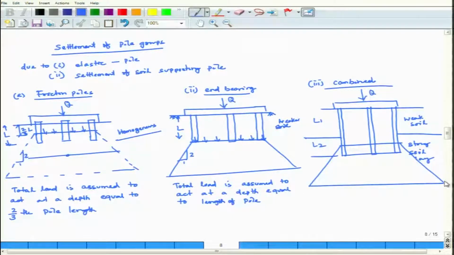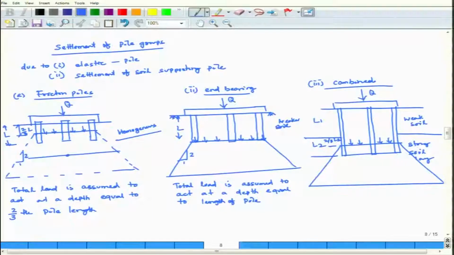In L2, this will be your 2/3 L2. Total load will be acted if it is a weak soil followed by strong soil for combined, that means both end bearing and friction pile. In that case, the L1 part will be neglected.